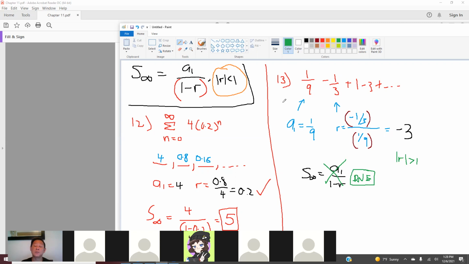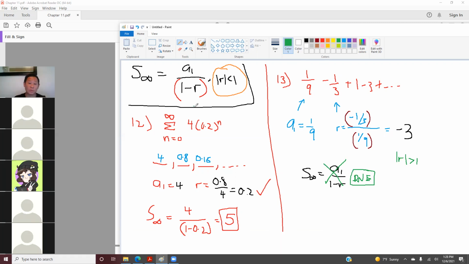Okay. So make sure you guys know that if your absolute value of R is less than 1, you can use this formula. If your absolute value of R is greater than 1, then the sum does not exist.